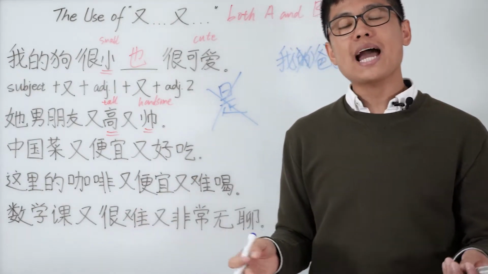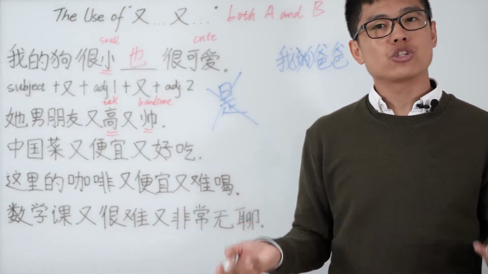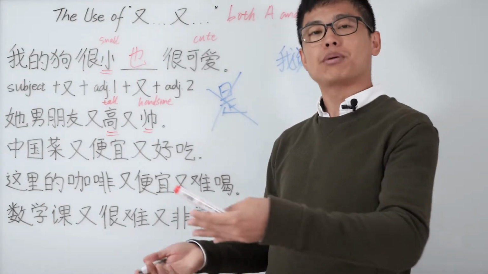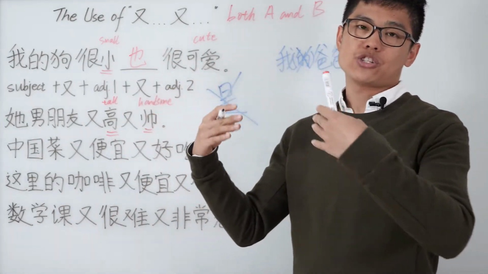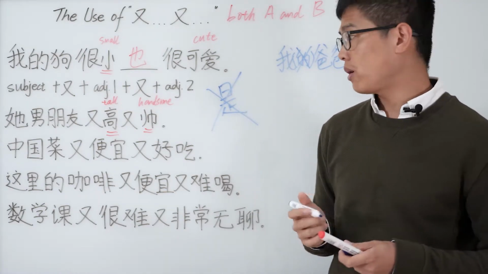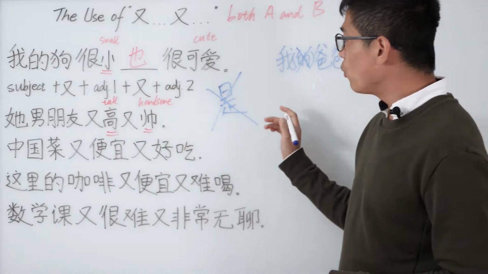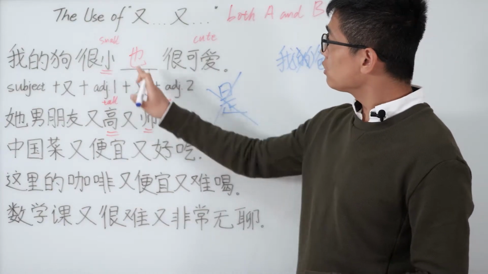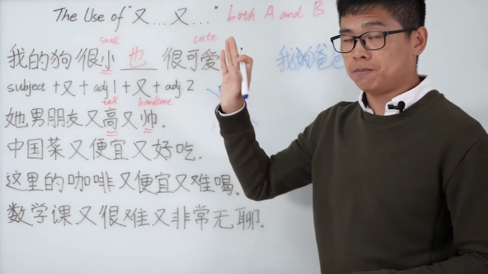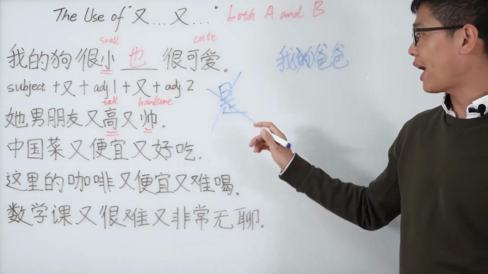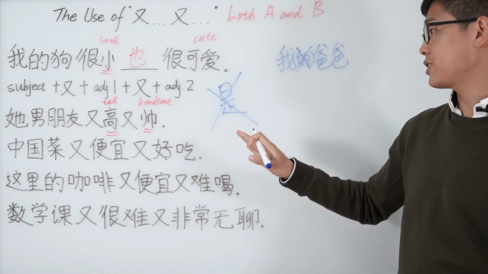That's why I just said that a lot of the situation that you can't simply translate an English sentence word by word into a Chinese one. So remember that this is a very common mistake when we use yo structure. Your sentence should not have 是 in it.